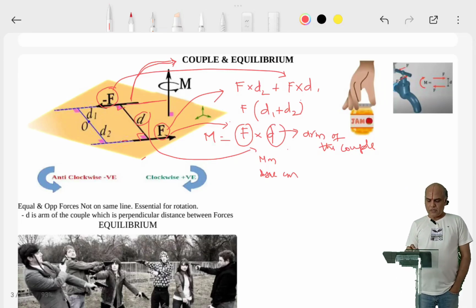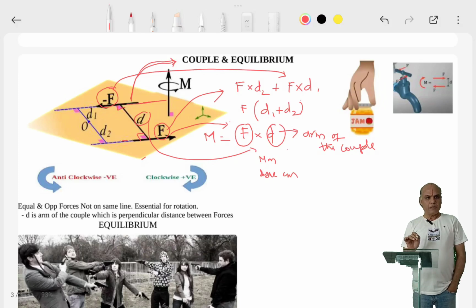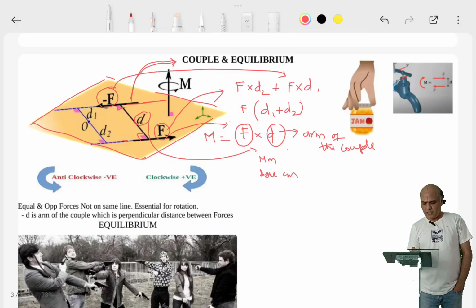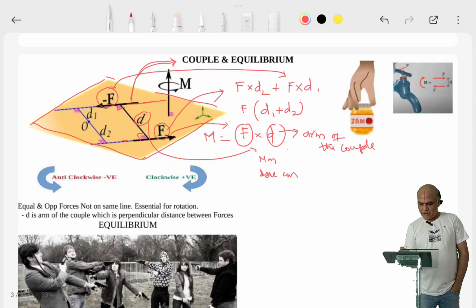If this couple is acting on the body, this yellow colored body, it undergoes rotation. Now from the moment of forces we can see that F into d2 is anti-clockwise when you see from the top, and F into d1 is again anti-clockwise.